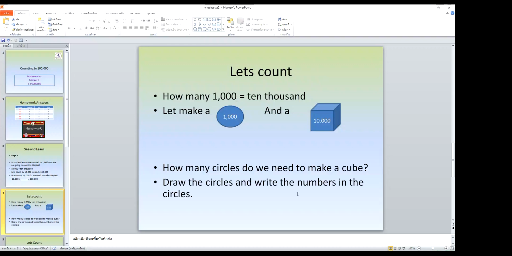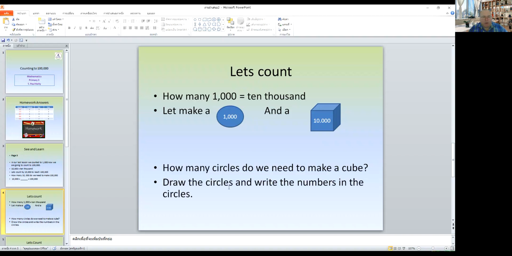Let's go back to the PowerPoint. How many circles or ovals do we need to make 10,000? Okay, draw in your notebook. I now want you to draw the circles and write the numbers on, like what you see in your textbook.